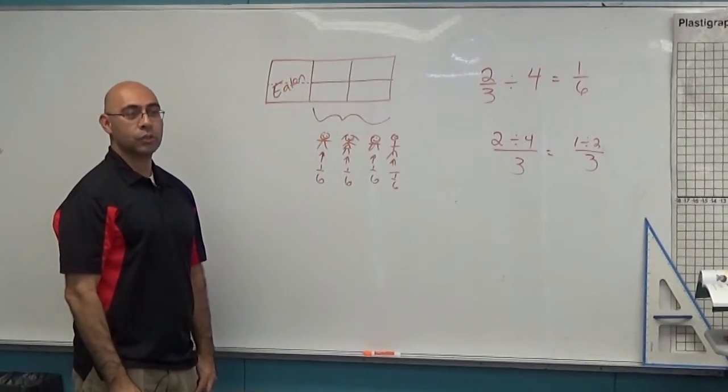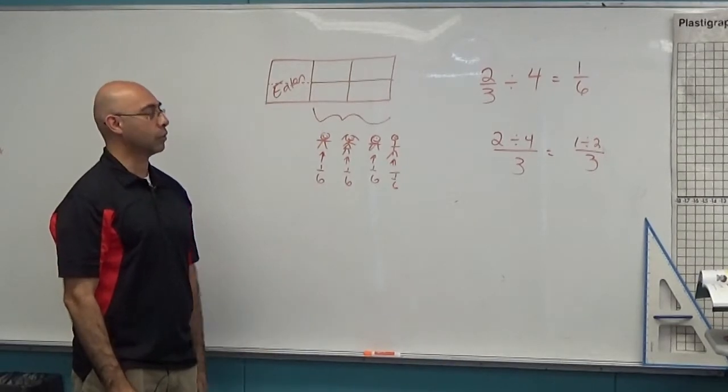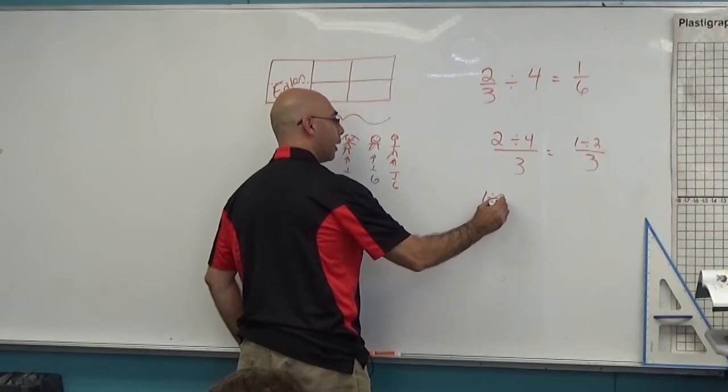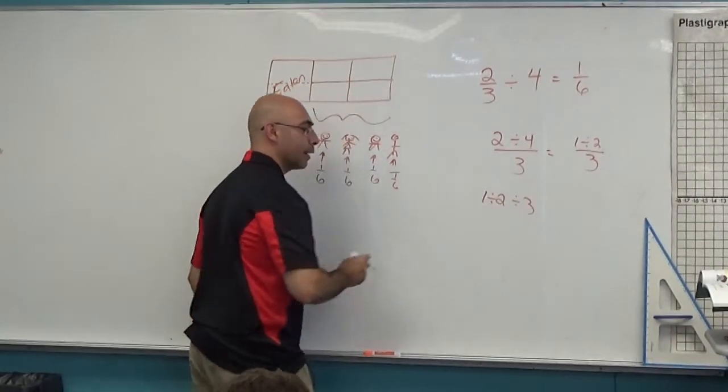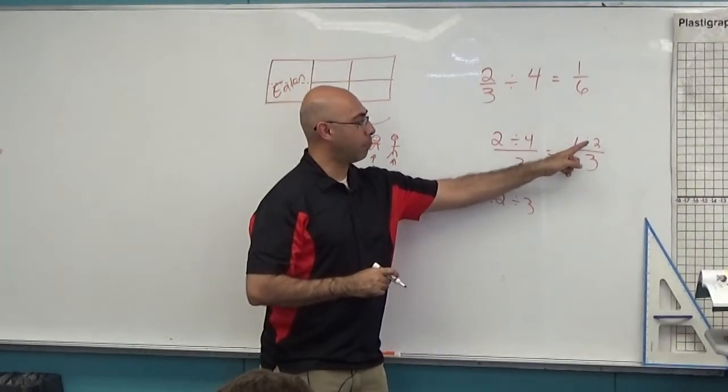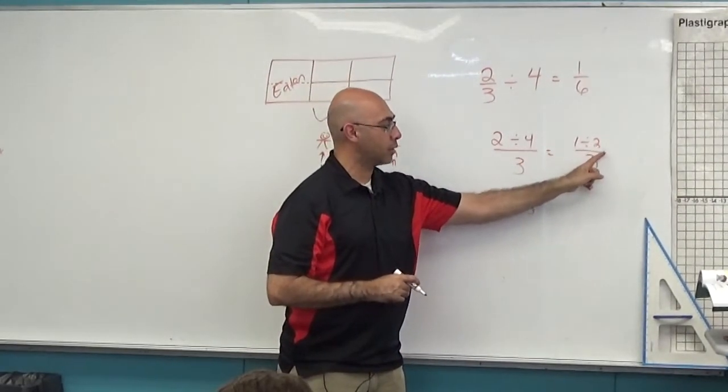So I just kind of reduced the top. So basically, this is like saying 1 divided by 2 divided by 3, because a fraction just means to divide by 3.